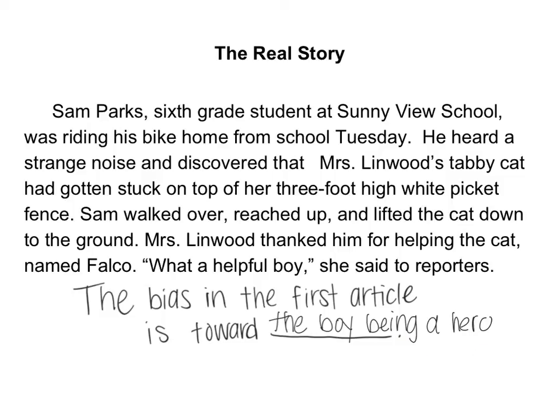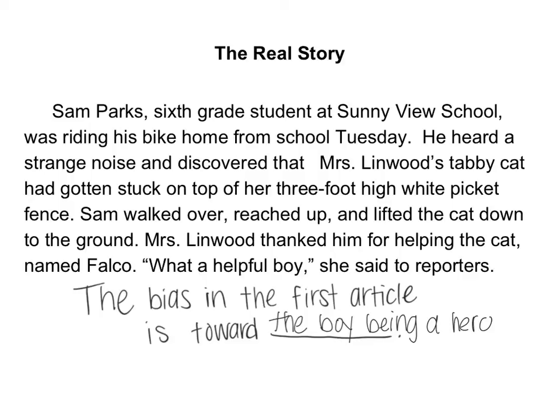Here's what might have happened. The author might have heard this story here, and this is just the facts. There's no opinion, it's just the facts. The author of the first article we read might have been reading this and thought to himself or herself, "Wow, this Sam kid is a hero," and then decided to write their own article, but the words that the author chose in the first one that we read definitely made Sam seem more like a hero.